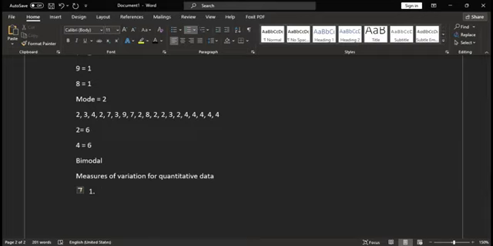We have one, the range. We have the standard deviation. The variance.